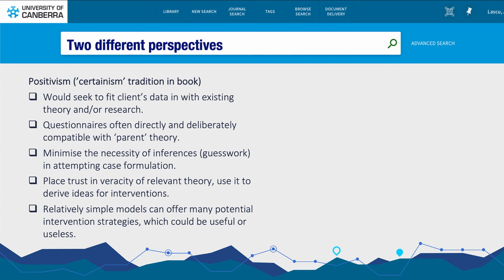It minimizes the necessity of inferences or the guesswork in attempting case formulation, which can be really useful. It places the trust in the veracity of a relevant theory and uses it to derive ideas for interventions. But even relatively simple models can offer many potential intervention strategies, which could be useful or useless.